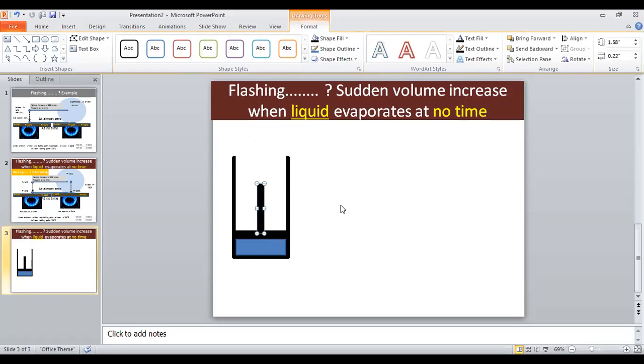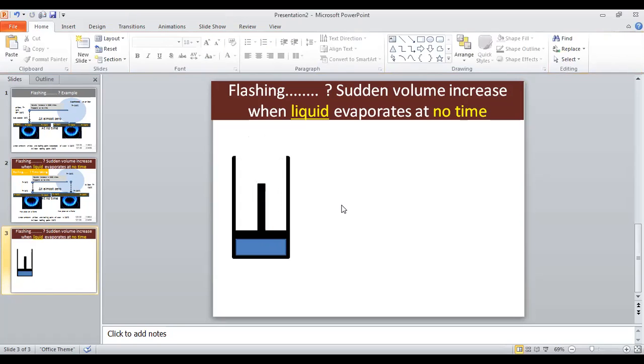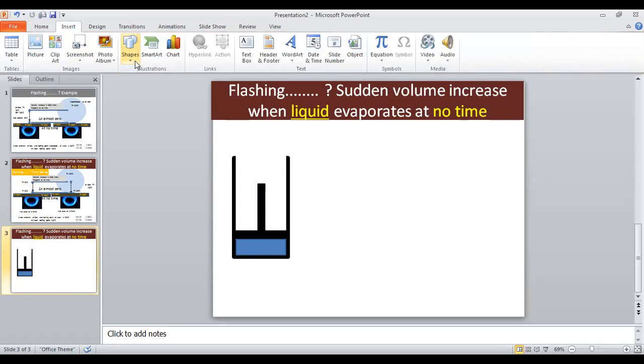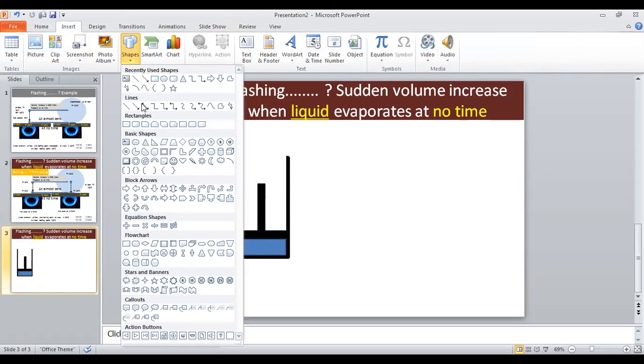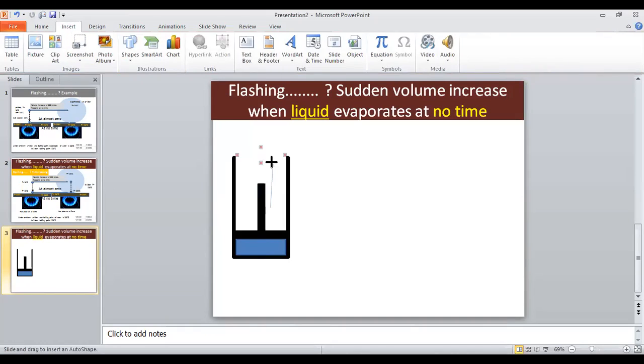Somehow this is a piston, and you're moving this piston up. Okay?